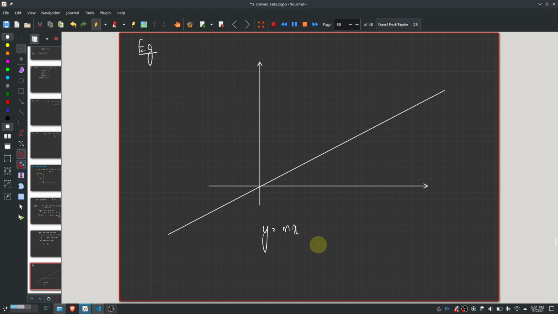W transpose X. Okay, so what would W be? Or in other words, what would be the dimensions of W? Think about it.